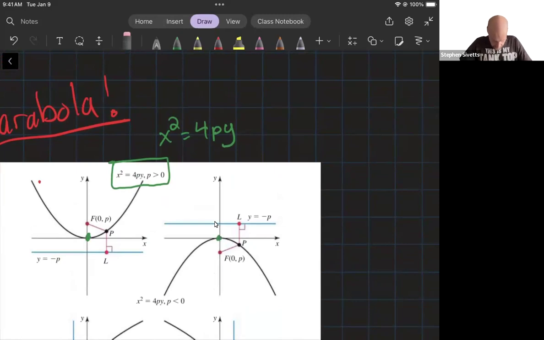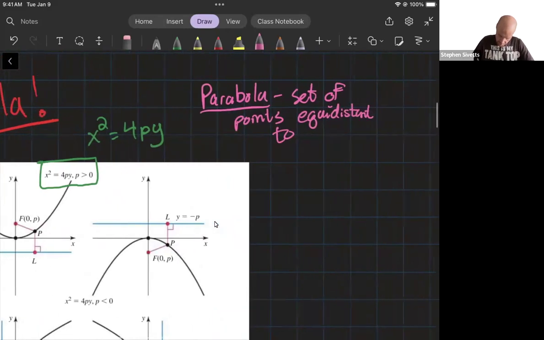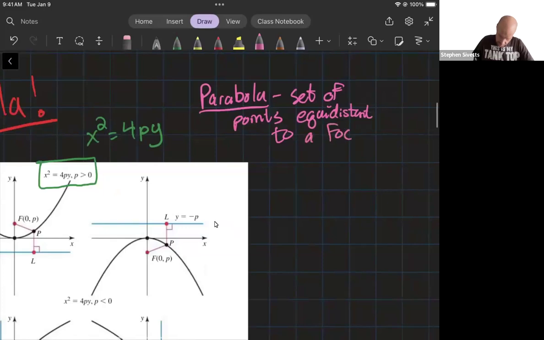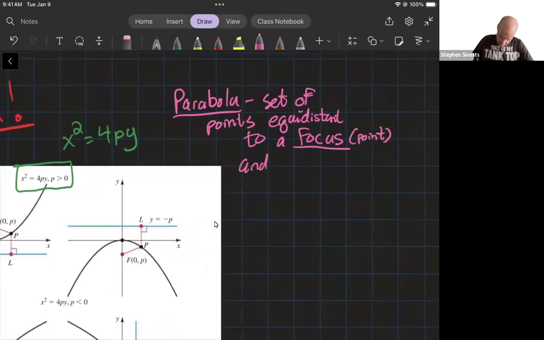Okay. A parabola by definition is a set of points that are equidistant to a focus, which is a point on a graph, and what's called a directrix.